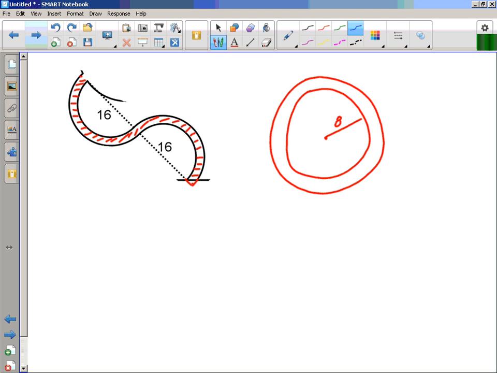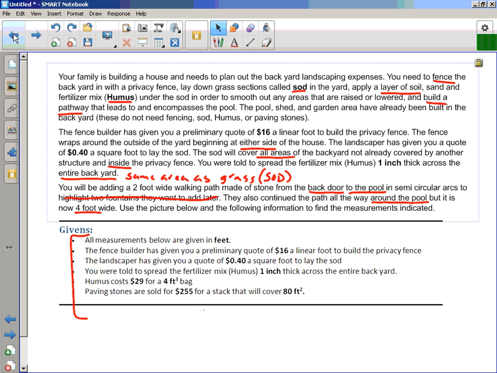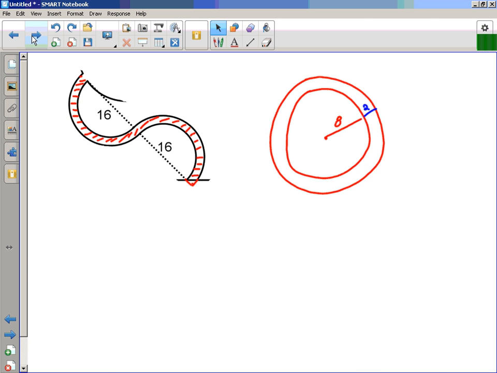Well, they told us that the width of the path was 2. Let's go back and see where that is. All right, so that is a 2-foot wide walking path. So that means that really I've got a radius of 10 going to the large circle.